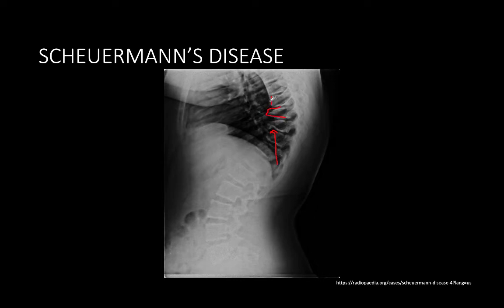You can see multiple vertebrae have this kind of anterior height loss. This produces a general hyperkyphosis, which is very commonly seen in adolescent males. At least this condition is seen in. So Scheuermann's disease is a self-resolving condition, but can cause pain, spinal deformity, and really conservative management is the way to go.